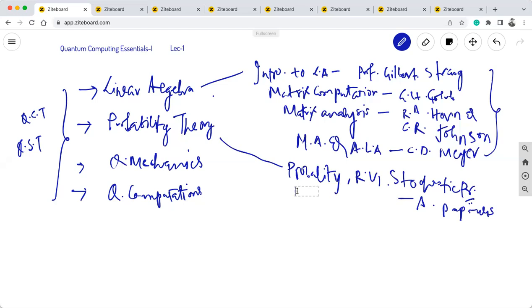There is another book, Probability and Statistics by J.L. Devore.